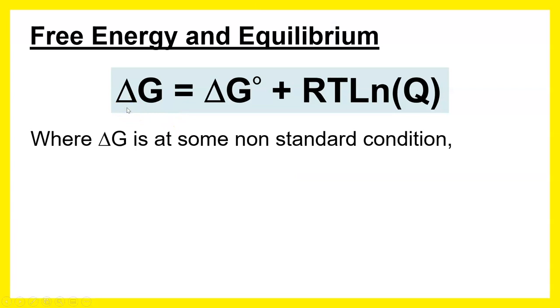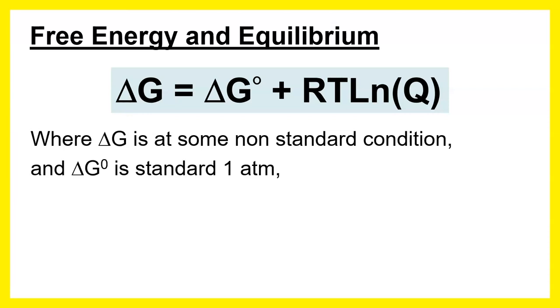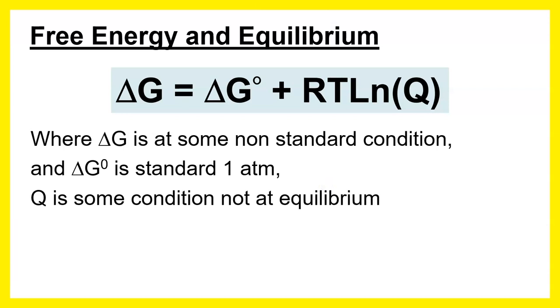Delta G is when we're at some non-standard condition, we're not at equilibrium, temperature's all messed up, who knows what's going on, compared to delta G naught, which is when we're at our nice perfect situation. So this is a way that we can make corrections when we're not at our ideal conditions.